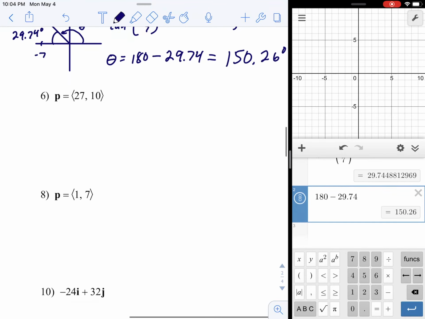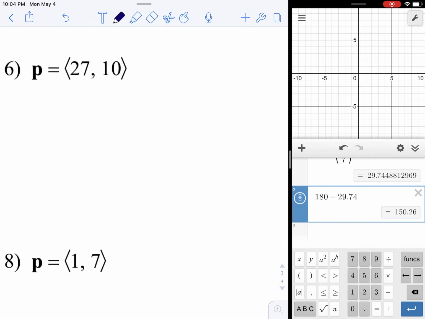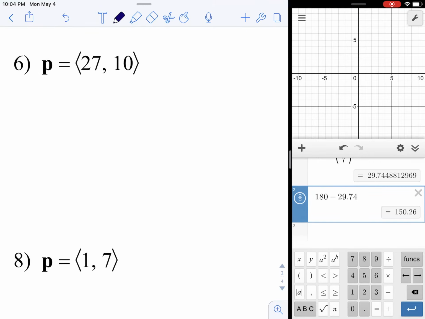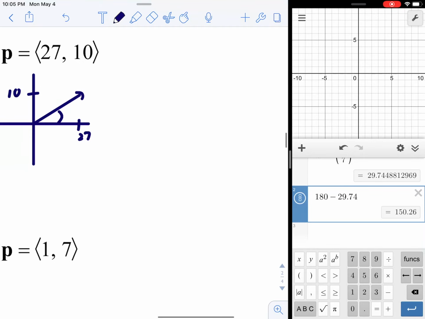Okay, so number 6. This is already a component vector, so I can go straight to drawing my graph of it. 27, 10, they're both positive, so you go over 27 and up 10. You get a vector in this quadrant. We want to find that angle right there. Do inverse tangent of y over x, 10 over 27, and see what you get.